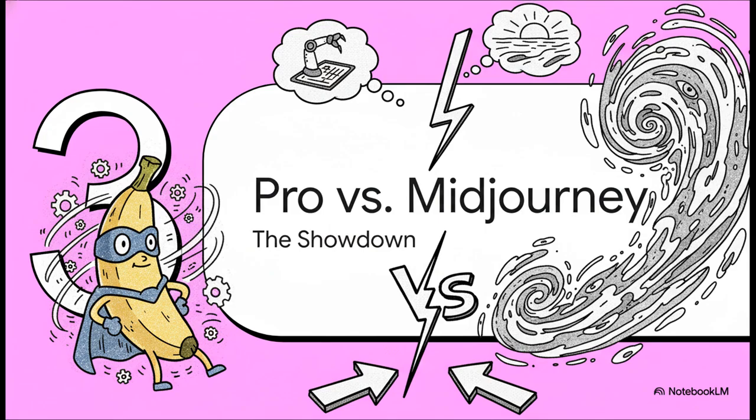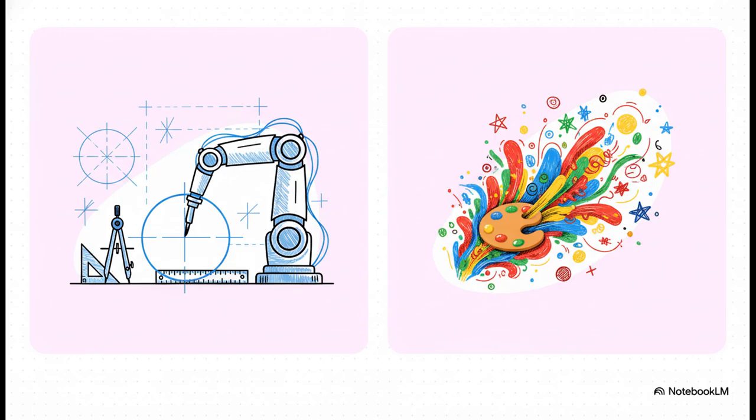Okay, so with all that power, there's an obvious question on everyone's mind. How does Nano Banana Pro actually stack up against the reigning champ of creative AI, Midjourney? You know, it's really not about which one is better. It's more like a tale of two completely different philosophies. Nano Banana Pro is all about precision, giving you exact control and following your instructions to the letter.